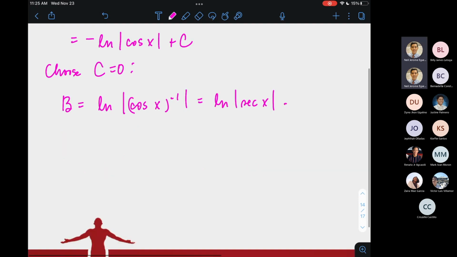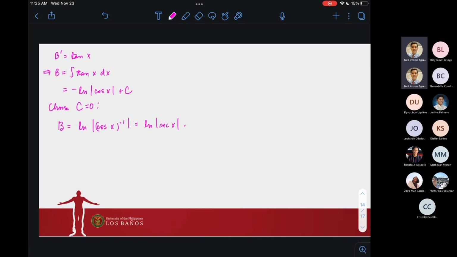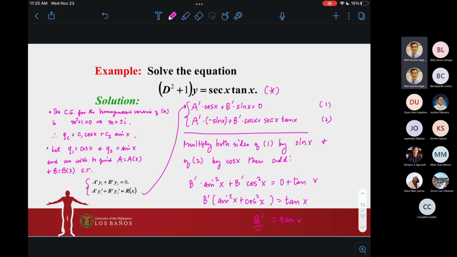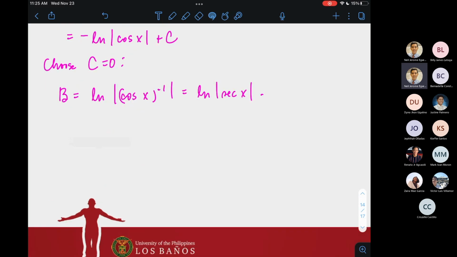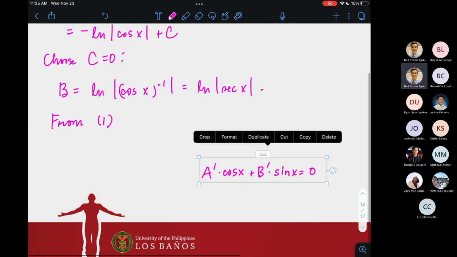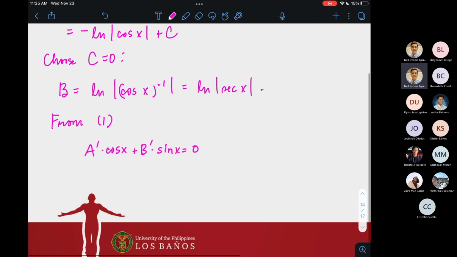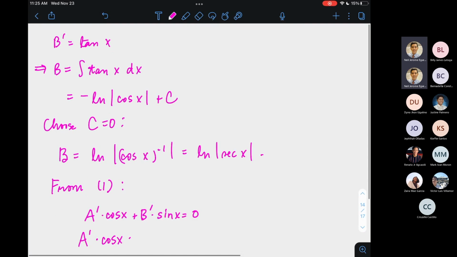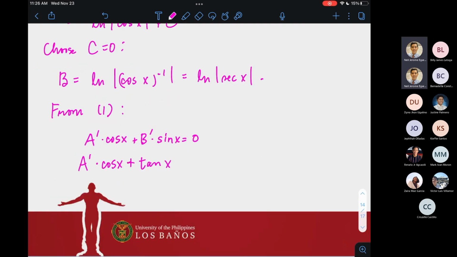Alright? Now, let's find A. What equation do we have? Let me go back here. I'll use the first equation to find A prime. B prime is tangent. Okay. So, from equation 1, I'm basing it on equation 1, and I plug in the value we know for B prime. So we'll have A prime times cosine X, we know B prime is tangent X, plus tangent X sine X equals 0.